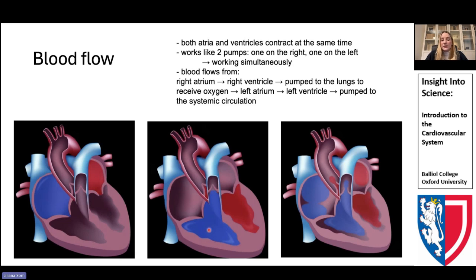This is deoxygenated blood that is transported to the lungs to be oxygenated. Once that blood is oxygenated, it flows back into the left atrium. From there, once that contracts, it goes into the left ventricle, and once the ventricle contracts, the blood goes into the aorta and the systemic circulation.